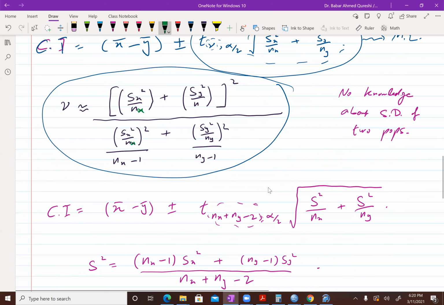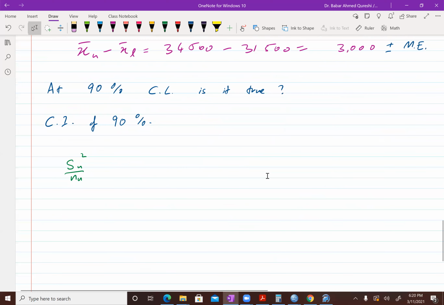So I have SU square over NU plus SL square over NL. So this number I need over here and also in the denominator. So I will just compute it.